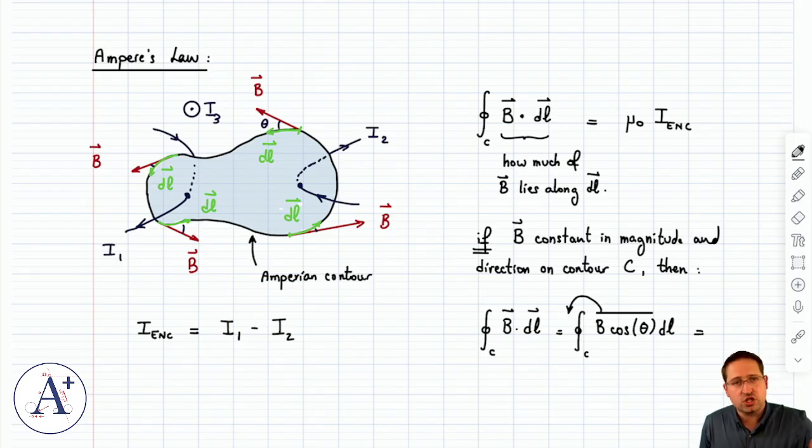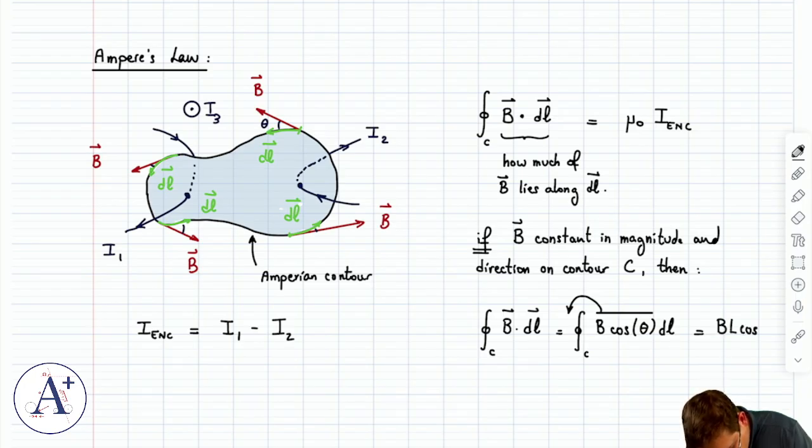Well, if I integrate just dl all around my closed contour, guess what I get? I get the length of my closed contour. So that'd be BL cosine of theta.